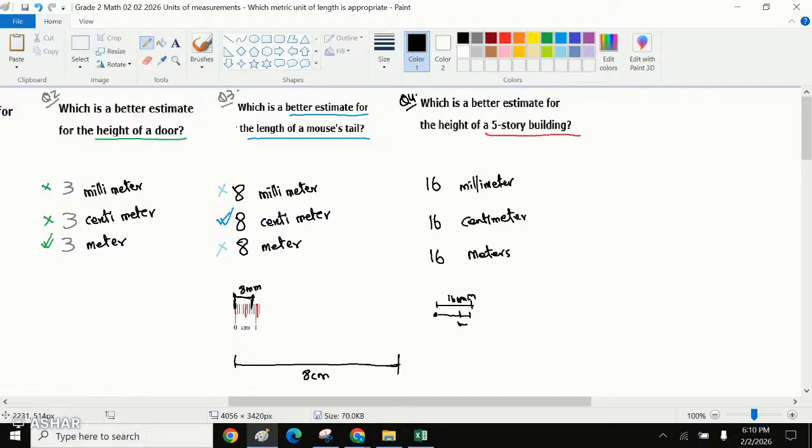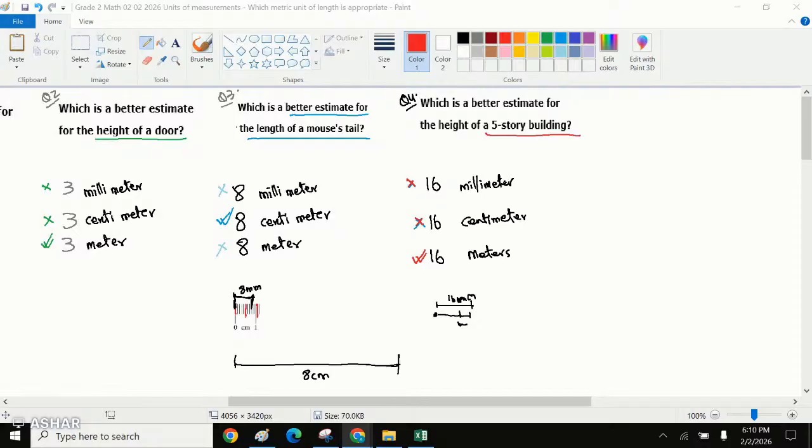Yes, thank you. Thank you, Precious. That means it cannot be millimeters, it cannot be centimeters, but it can be meters. Okay, thank you. Moving ahead to the next question.